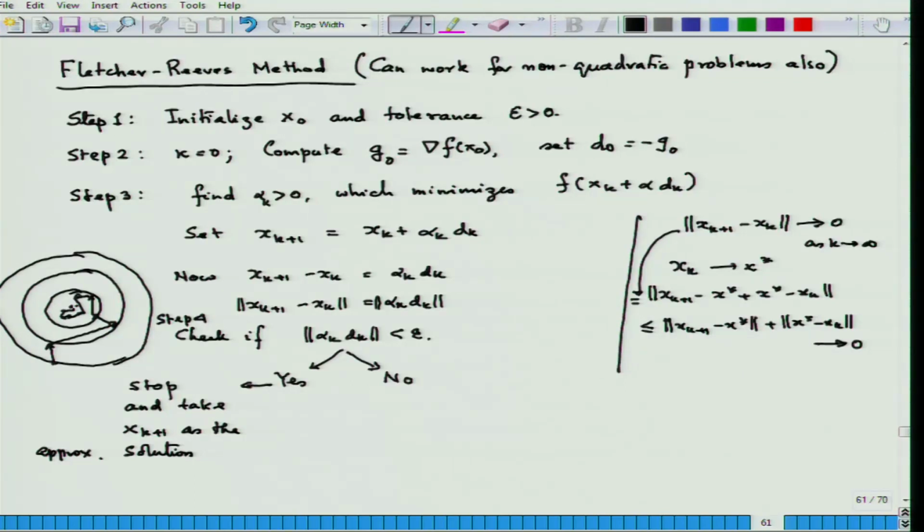If it is no, then do the following. There comes step 5. If k is equal to n minus 1, set x0 equal to x k plus 1 and go back to step 2.